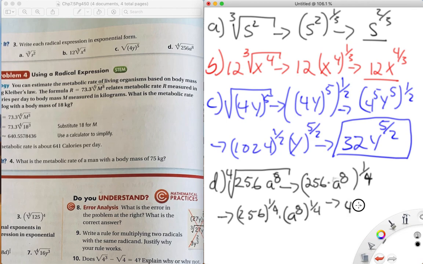And then this is going to be a to the 8 over 4. Well, 8 divided by 4 is 2, so then my final answer is going to be 4a squared.